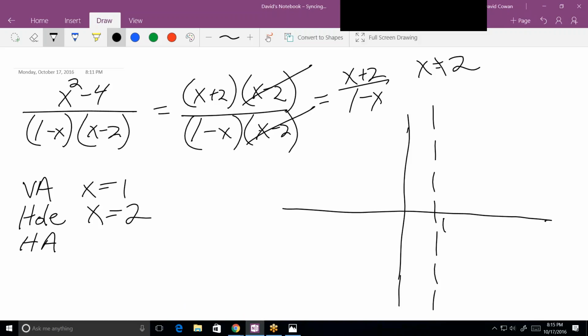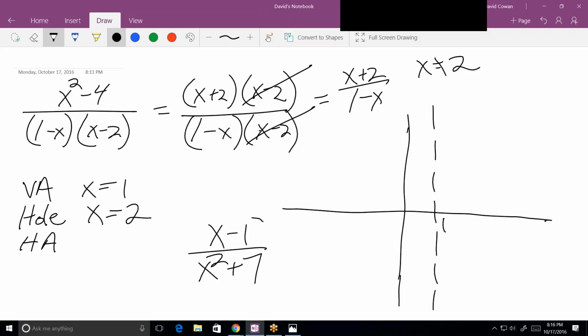Okay, let's start from the beginning. There are 3 scenarios. One scenario would be like this: x minus 1 over x squared plus 7. In this scenario, the highest degree in the denominator is bigger than the highest degree in the numerator, right?